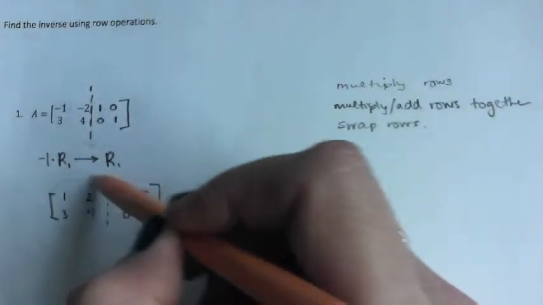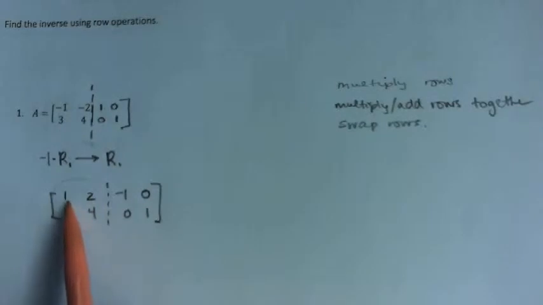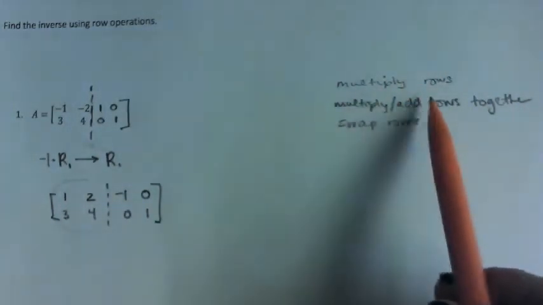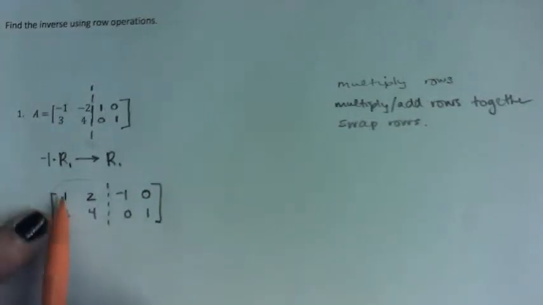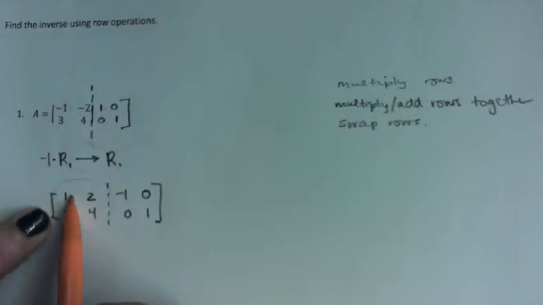Keeping your eye on the fact that we want to turn this into an identity matrix, I usually go down first, and I try to make this a 0. You can't subtract 3 from everything. That's not an option. You can multiply rows, you can multiply and add rows together, or you can swap rows. But I can't just subtract 3. So what I'm going to do is take row 1, multiply it by 3, and then do row 2 minus that. Does that make sense?